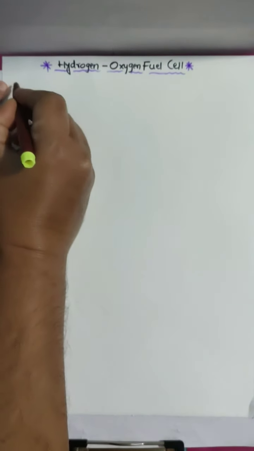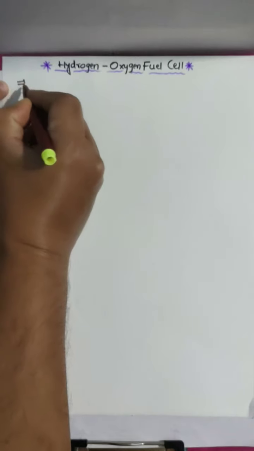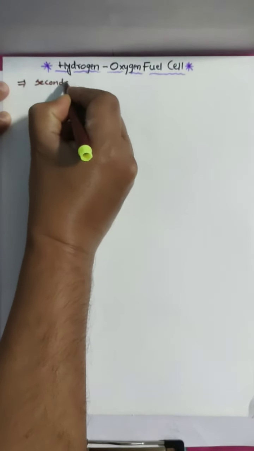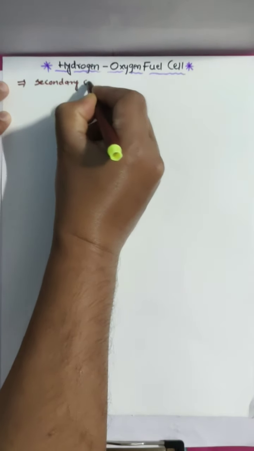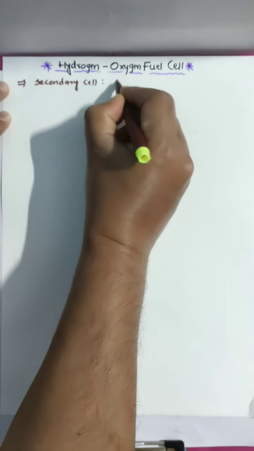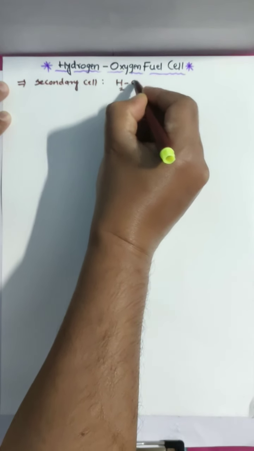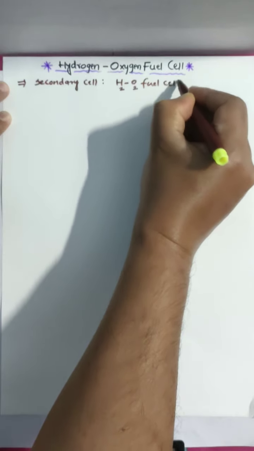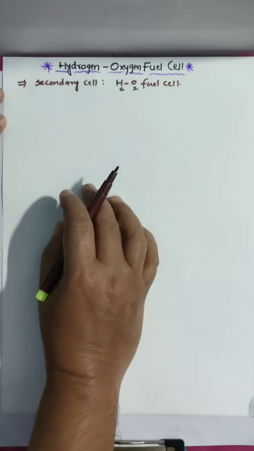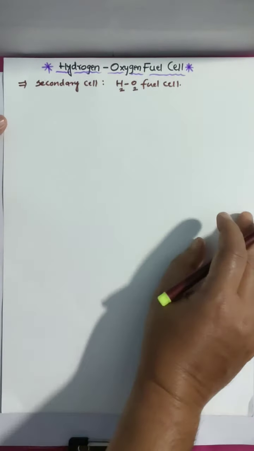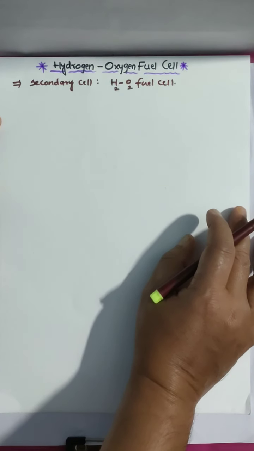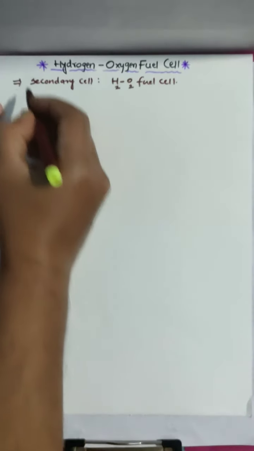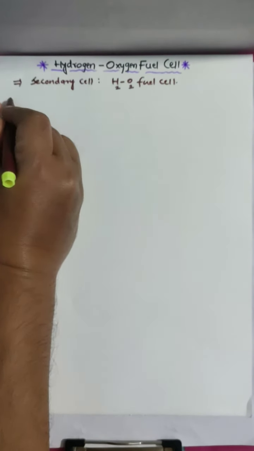Hydrogen oxygen fuel cell is a secondary cell, meaning we can use it again and again. Both discharging and charging take place in this.